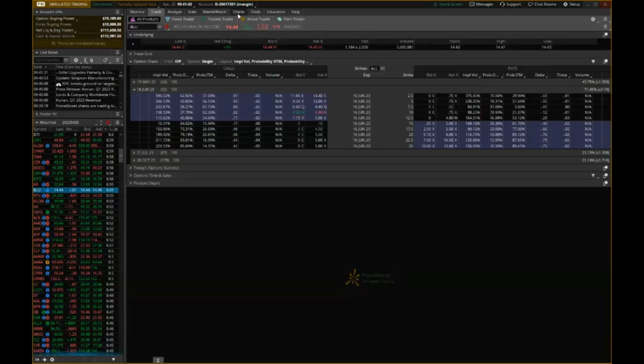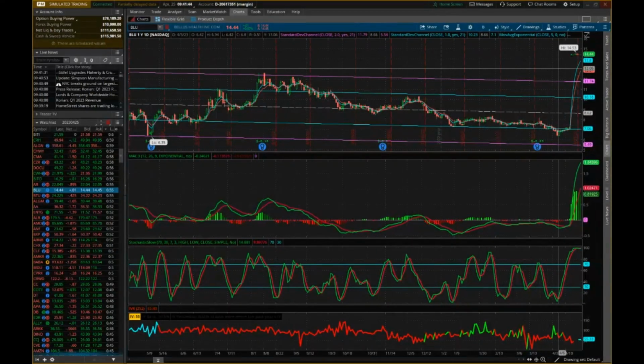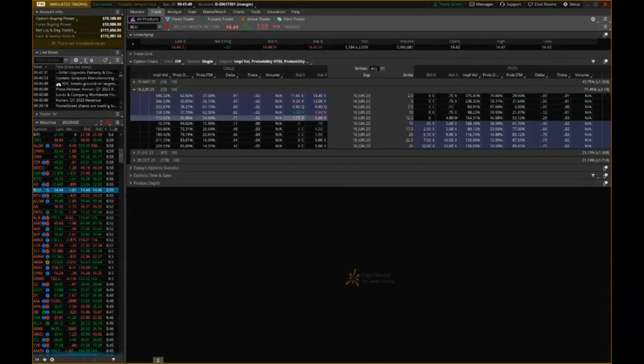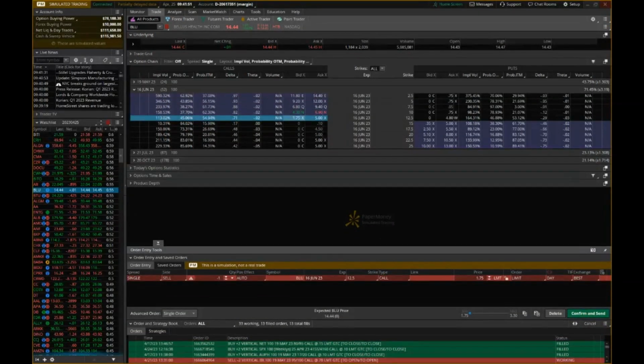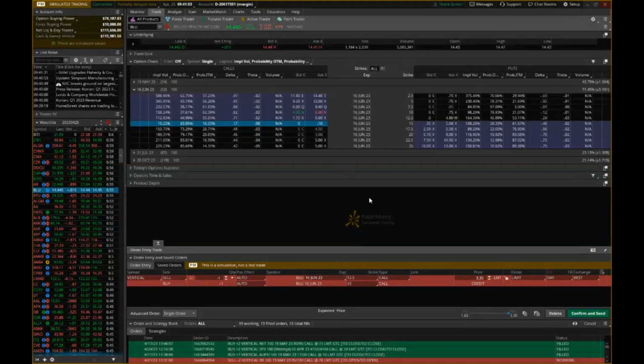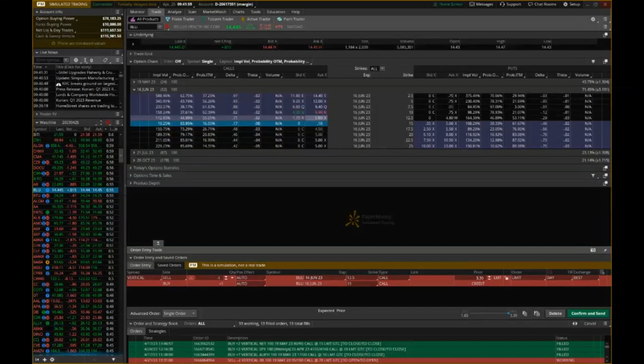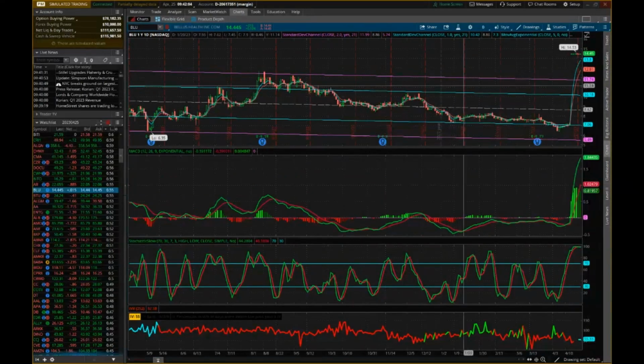Unless you do it right at the money. Oh, even at 12.50. $15. So I guess the question is, do you think the share price will stay above 12.50?